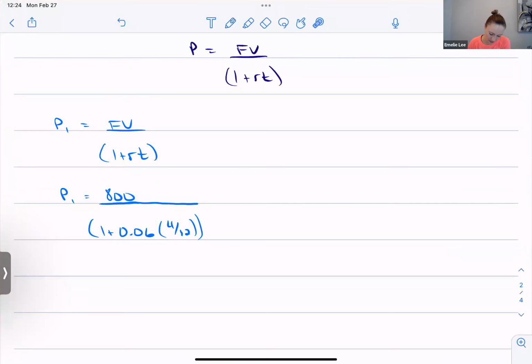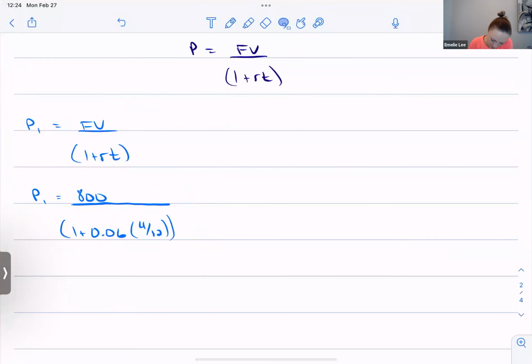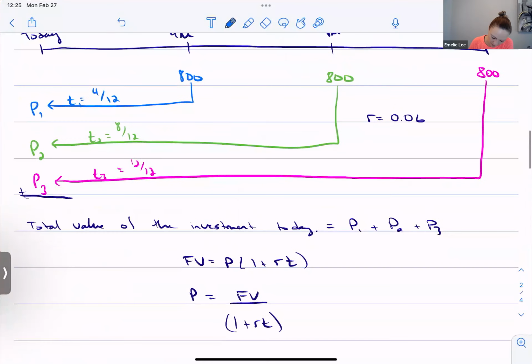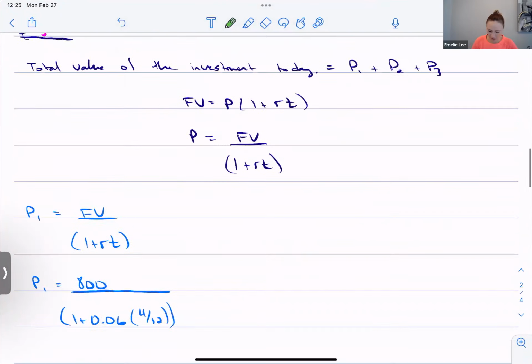So here we did solve for P1, but first I'm going to make myself a little bit more room here. And then I'm going to go ahead and solve for P2 beside it so it stays on one page.